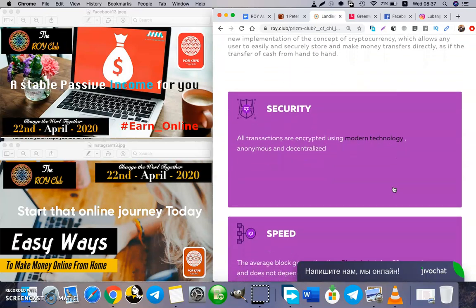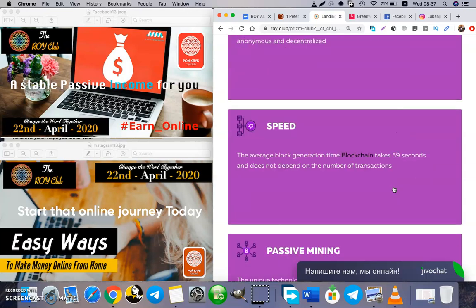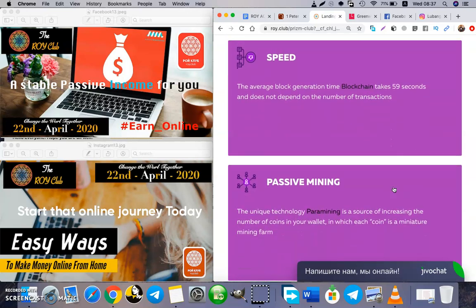So security, let's look at its security. All transactions are encrypted. Encryption is key in any online anything to do with payments, and all transactions are encrypted using modern technology, anonymous and decentralized. So that is something that is key. So what else? There is speed.